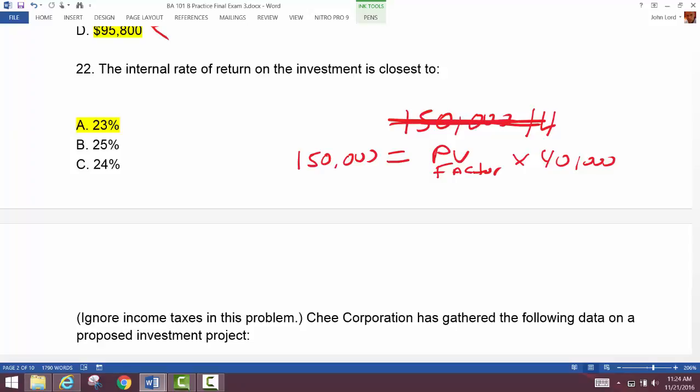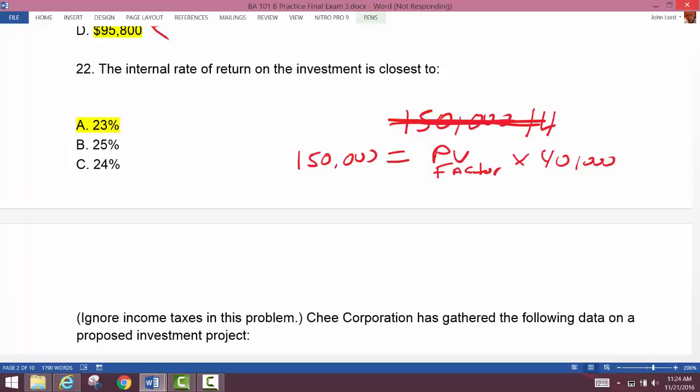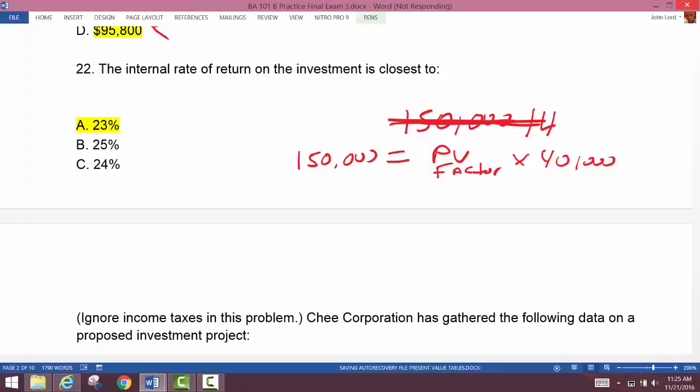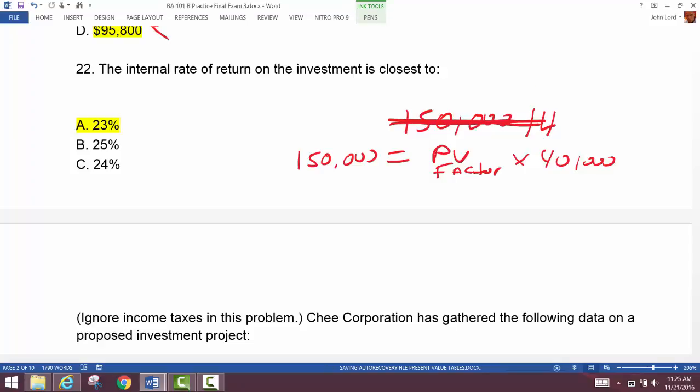That makes the net present value 0. That is by definition my internal rate of return, right?